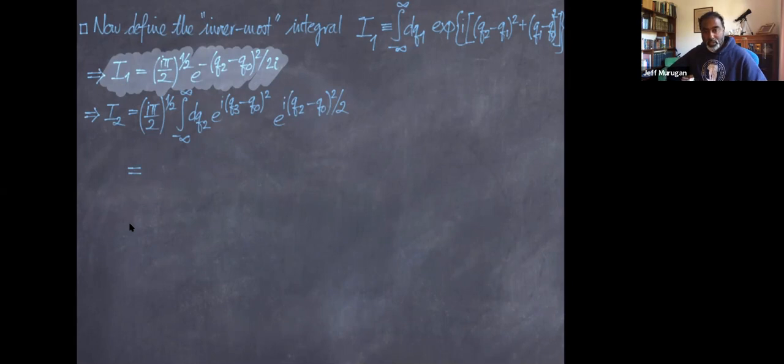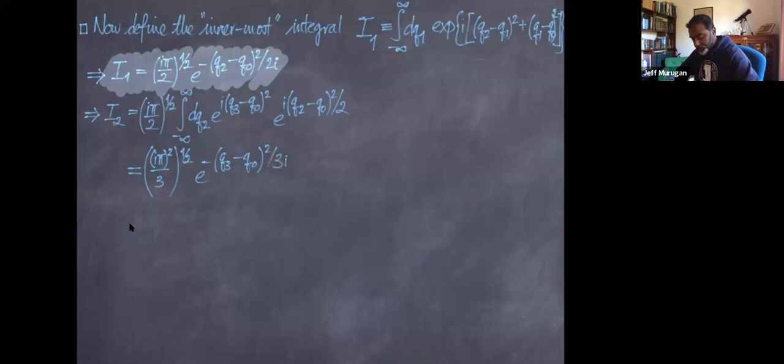And you can do that Gaussian integral, and you will find that once you group terms appropriately, this thing can be written as (i pi squared over 3) to the half times e to the minus (Q3 minus Q naught) squared over 3i. And I'm choosing to write it in this particular way because it will allow us to find a pattern. So let's just highlight this guy as well.